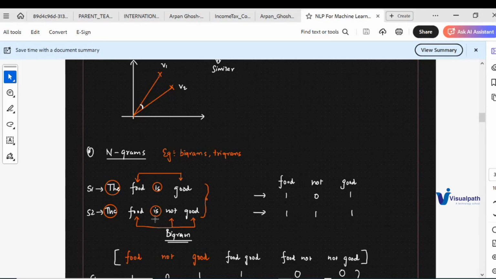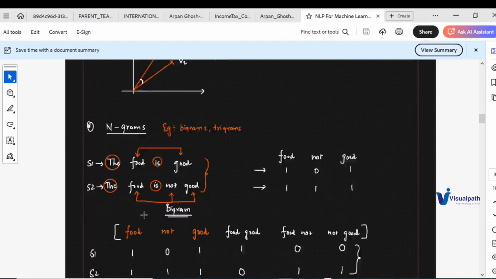So they introduced a term called n-gram, and while you are coding, you are able to add this terminology of bigram and trigram. What does that do?